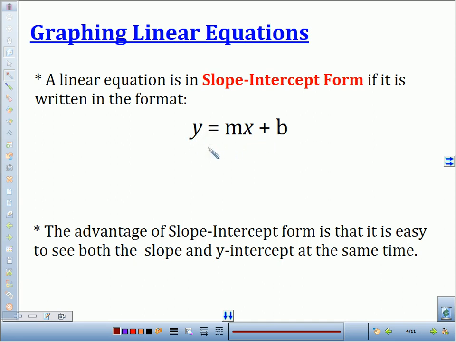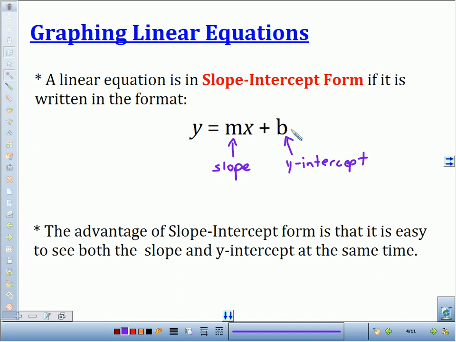We have y is the output, as we should remember from our video on functions. M is the slope of our line, and b is the y-intercept. We call this slope-intercept form because it has the slope and the y-intercept.